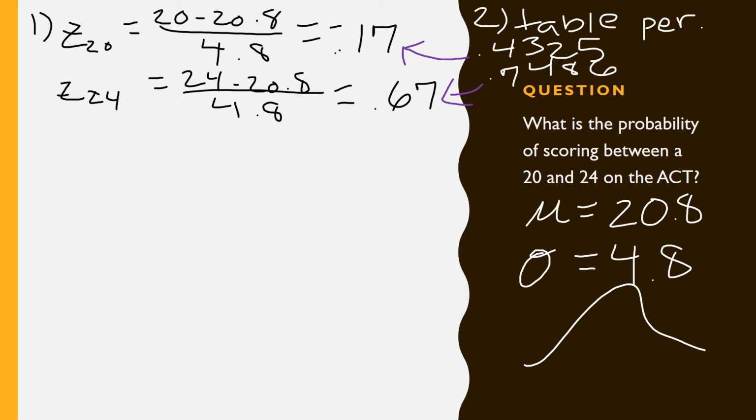So here's our percentiles, and the percentiles are the probability below these z values, and that doesn't give us the area between, but we can do a little trick. So I'm going to draw the distribution for us.